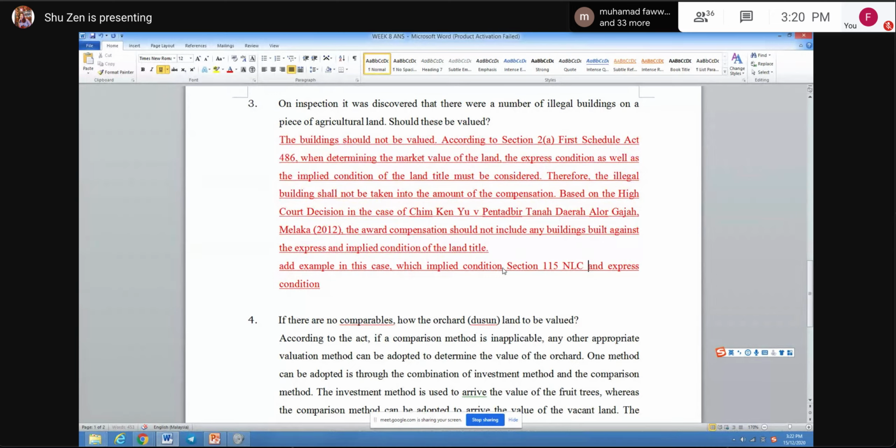No problem to construct 5 accommodation buildings on it, for sure. Because of that, you are going to value all 5. I think yes, we can value all 5 since it is a dwelling house. Okay.